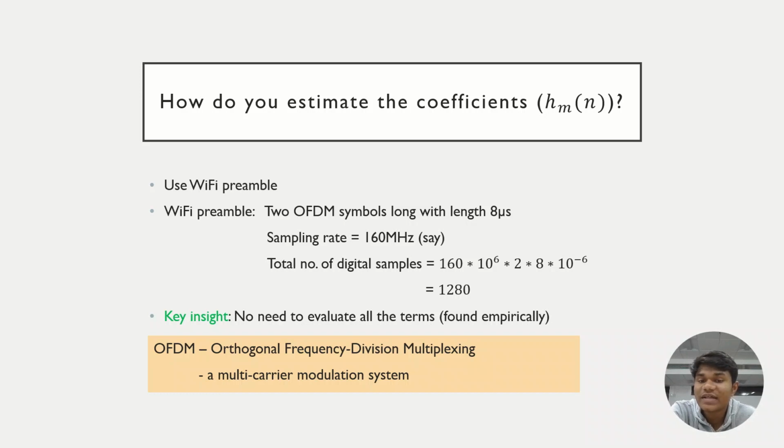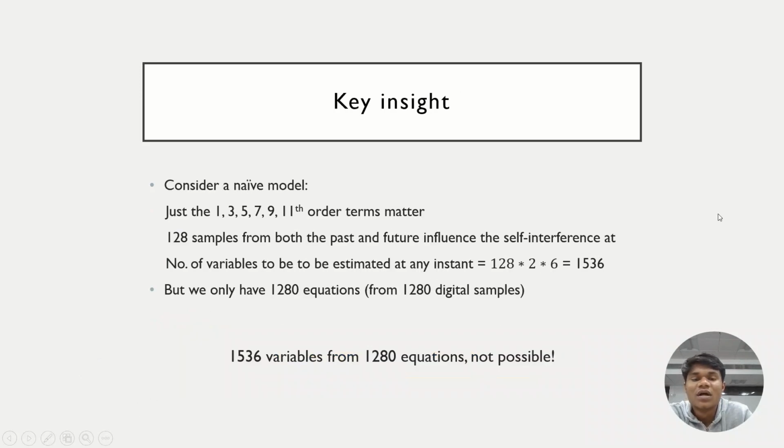There is no need to evaluate all the terms of this coefficient h of hm of n. Why is that? Let's find out. To illustrate that, let's consider a naive model where we are thinking that only the first, third, fifth, seventh, ninth, and 11th order terms matter to us.